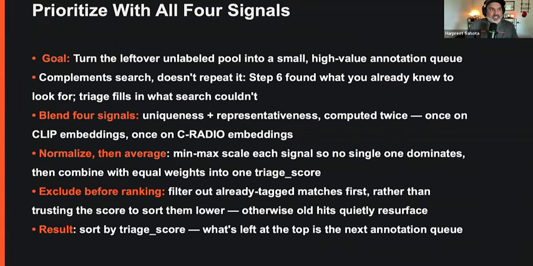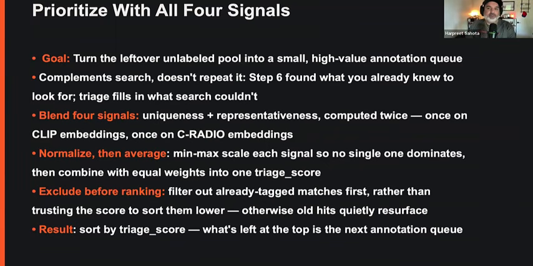When you're doing this on your own, experiment with it and play with it. But I just took an even blend of the CLIP uniqueness, CLIP representativeness, C-RADIO uniqueness, and C-RADIO representativeness, and created one triage score. Now this gives me some signal as to what the high-value images are that I should go and curate, right?